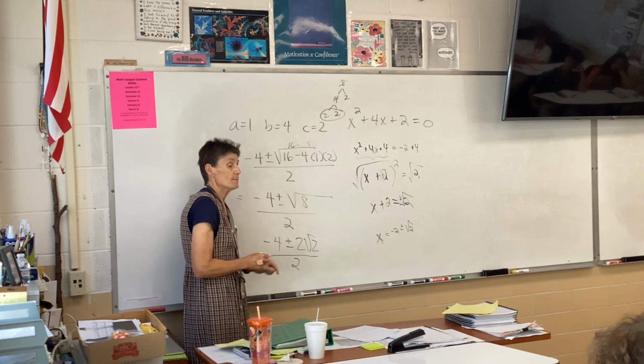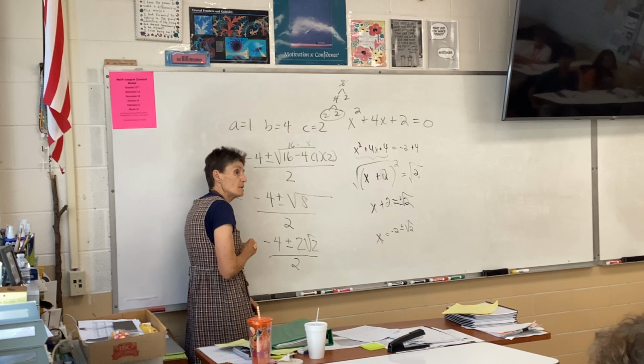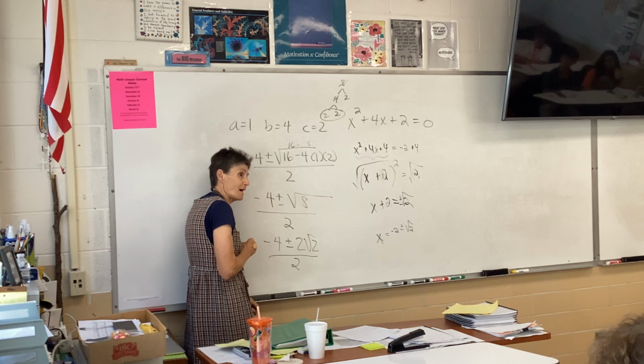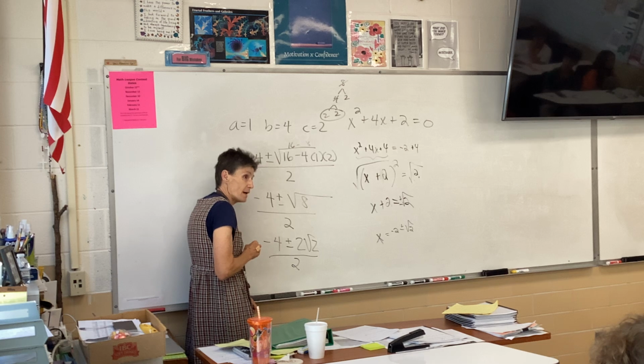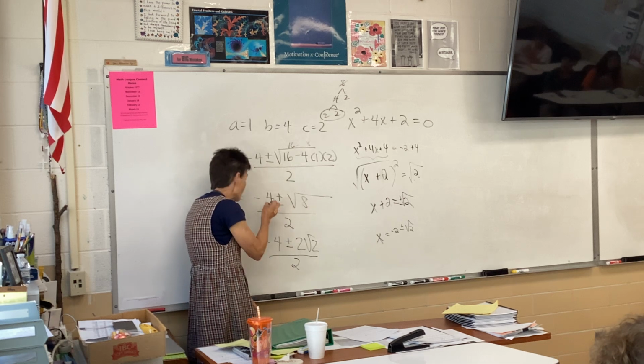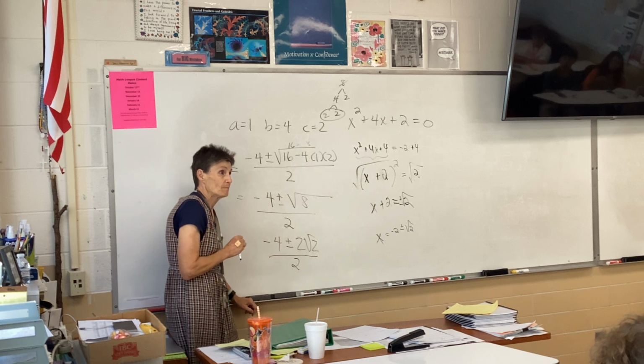Okay, here's the problem. See that 8 right there? It's under a radical. You can never divide a number that's under the radical. And since you can't divide that one, you can't divide the others, because you have to divide all 3 of them.